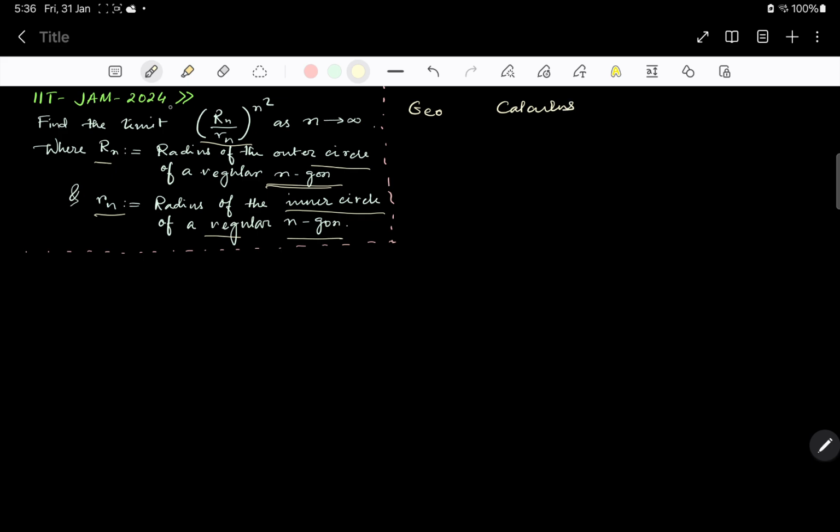This problem was asked in the IIT JAM exam for mathematics in 2024, where the problem says find the limit of (capital Rn divided by small rn) to the power n squared as n goes to infinity, where Rn is the radius of the outer circle and small rn is the radius of the inner circle of a regular n-gon.